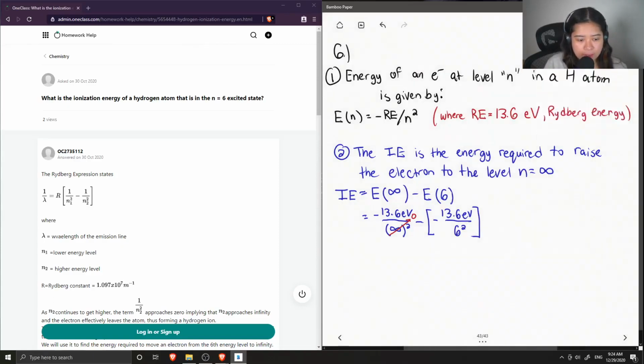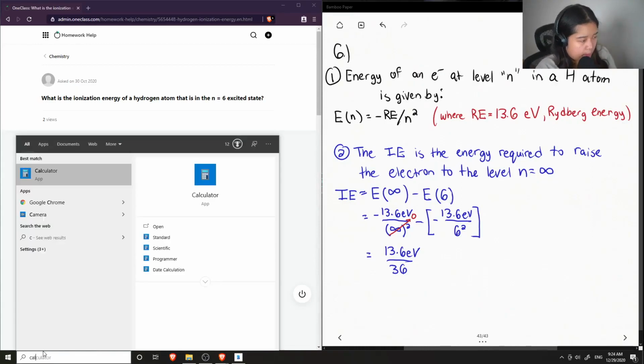So since that whole part of the equation goes to 0, this kind of simplifies our work because now we're just left with positive 13.6 eV divided by 6 squared. So 6 times 6, 36. So let's calculate this.